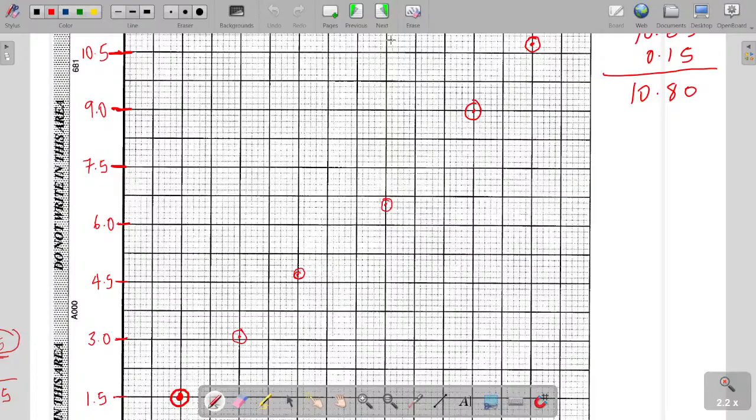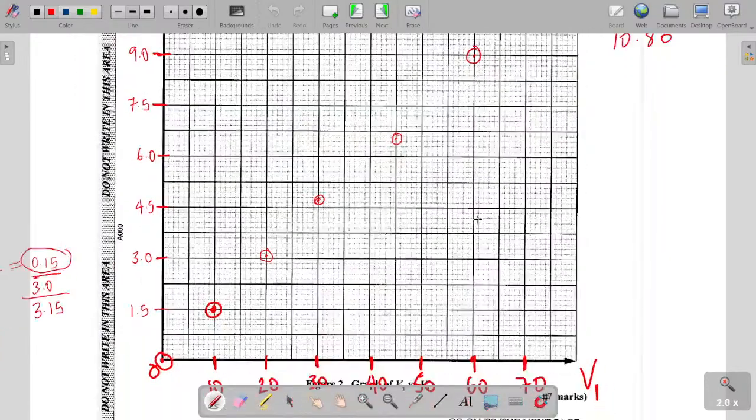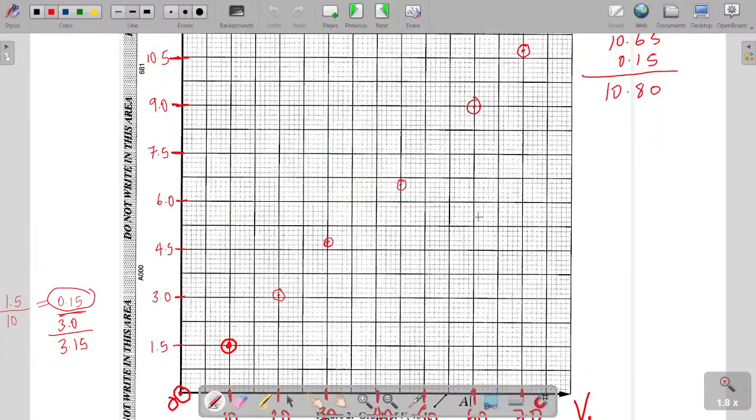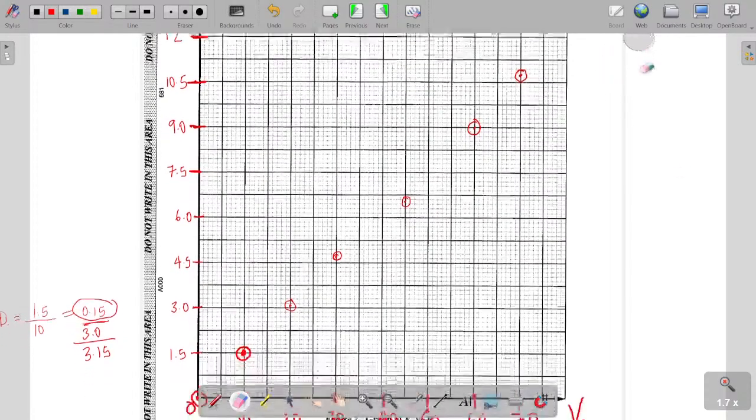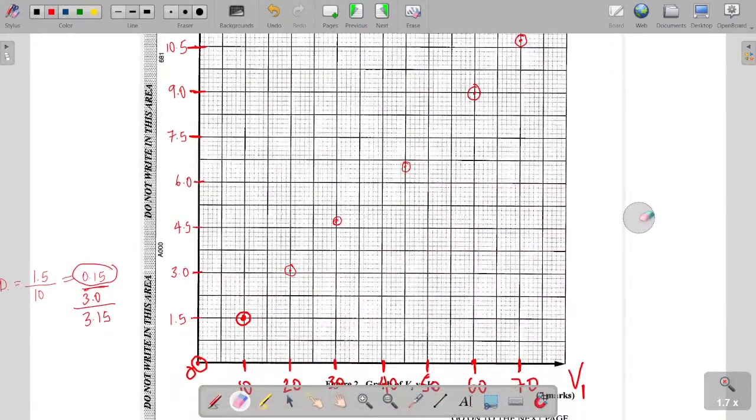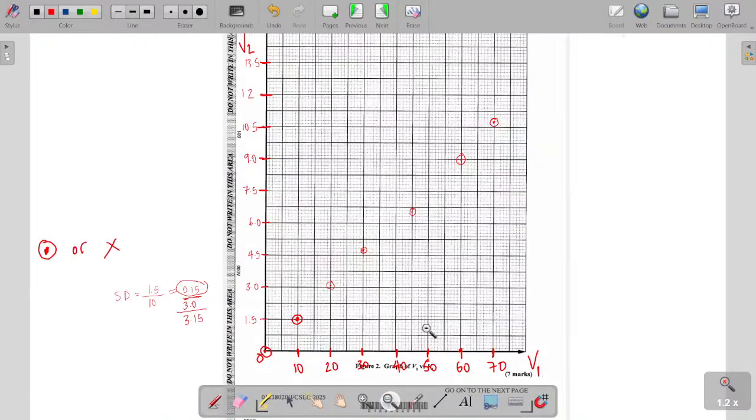So all we have to do now is put in our line of best fit. I hope you were following just now, and if you understood what just took place there, you can give a thumbs up in the chat, as I will put in the line of best fit now.